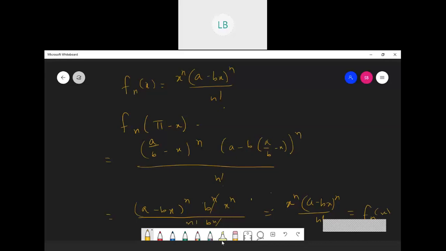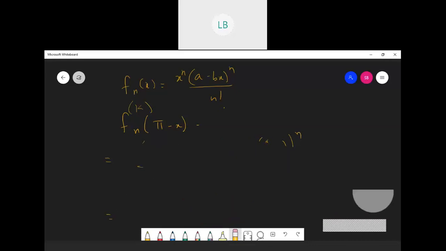Now if that is the case, then all the derivatives will also do the same, the kth derivative, right? The kth derivative will also do the same. So let's consider a specific case. Let me erase this whole part. So we know this function f of pi minus x. Let us consider capital N. We don't need to consider any arbitrary n, only capital N will be enough.